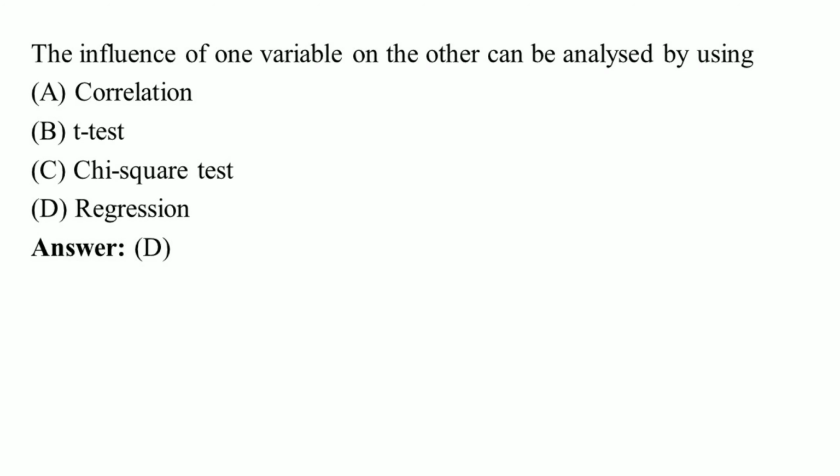Next question, the influence of one variable on the other can be analyzed by using. So that we already discussed. If you are finding out the term influence, go for regression analysis. So the right answer is option D, regression.